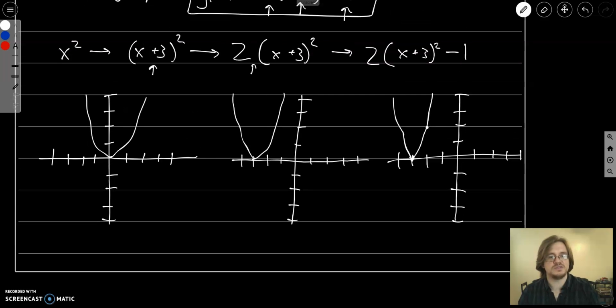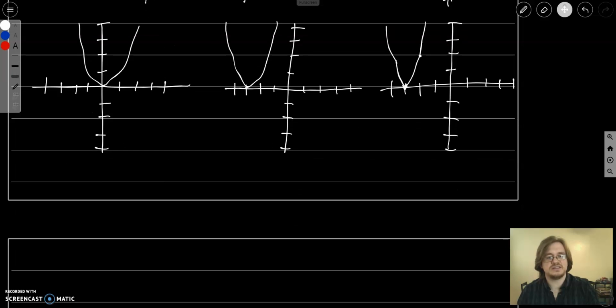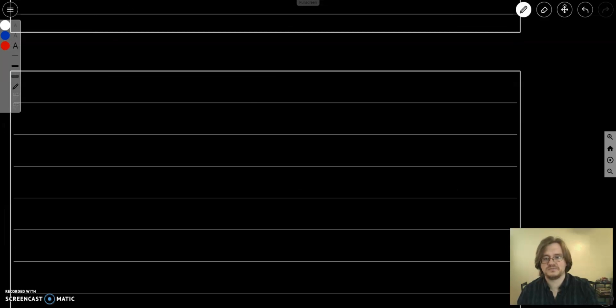And then the very last thing that we'll do is we notice, oh, when we go from this function to this function, they're the same except I've just subtracted 1. So we're going to take that whole thing and we're going to shift it down. Whereas our initial parabola was at 3 and would hit the x-axis right here, what we're going to do instead is shift that down by 1.